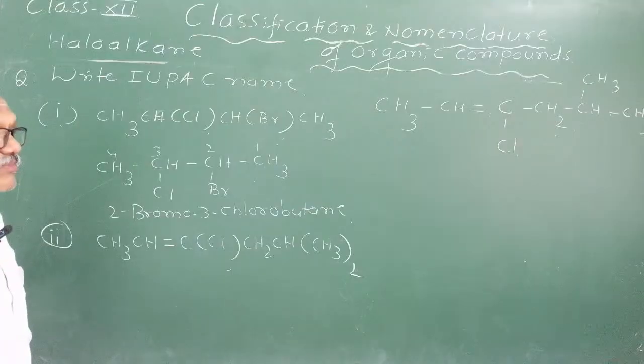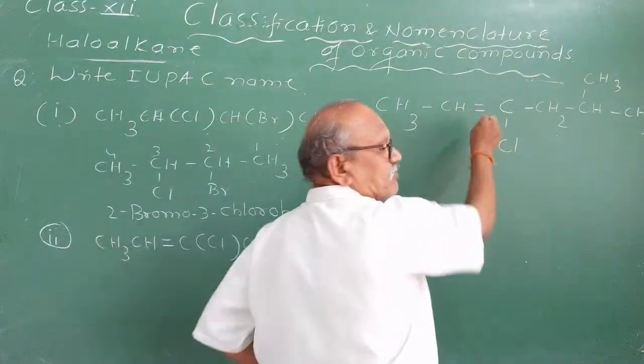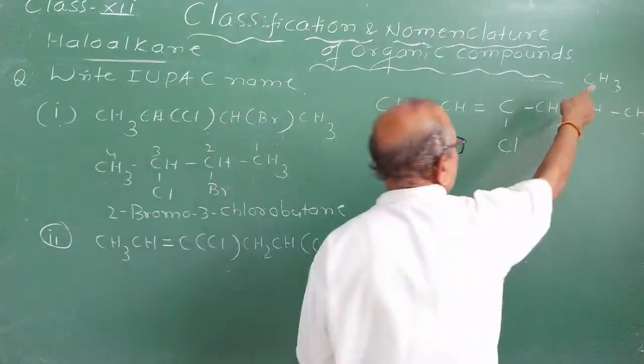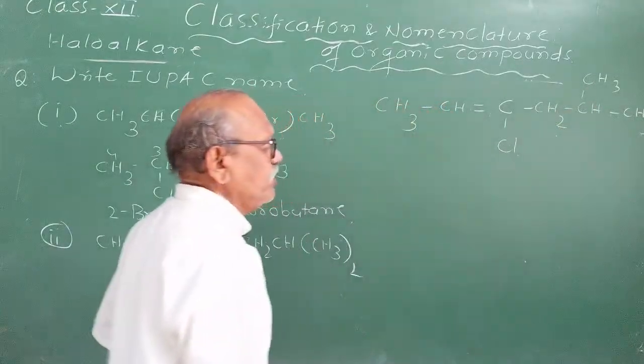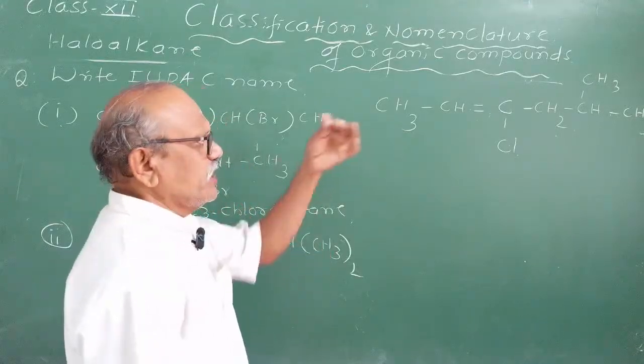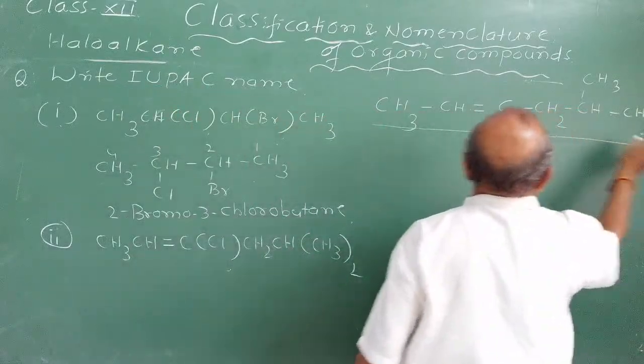Start numbering. In case of a double bond, it should be given first preference. Then the substituent groups chloro and bromo. Therefore, correct numbering will be, even though you violate the longest chain rule, right? Straight chain is the longest chain if I am correct.